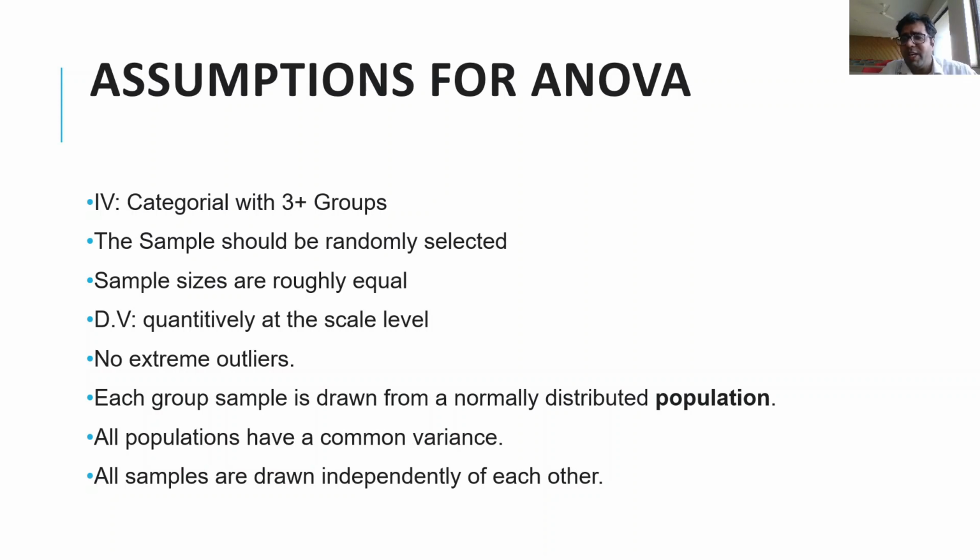Each stratum, the different groups, should also have normality. All populations have a common variance, and all samples are drawn independently of each other. When you draw a sample from group A, B or C, there should be no dependency; it should not affect the other groups. So these are the basic assumptions that we need to take care of while applying ANOVA.